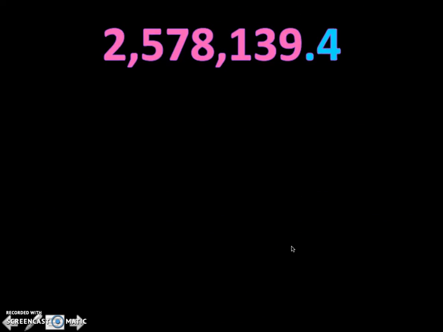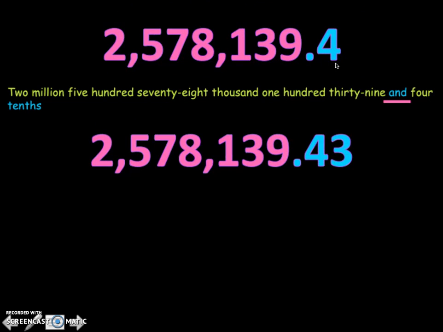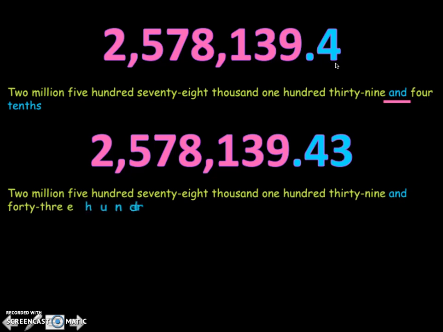Let's discuss how to read and write these numbers. When you have a number with a decimal, you need to look at the decimal place to see which place value it goes to. 2,578,139 and 4/10, and should only be written or read whenever there is a decimal place. 2,578,139 and 43 hundredths.